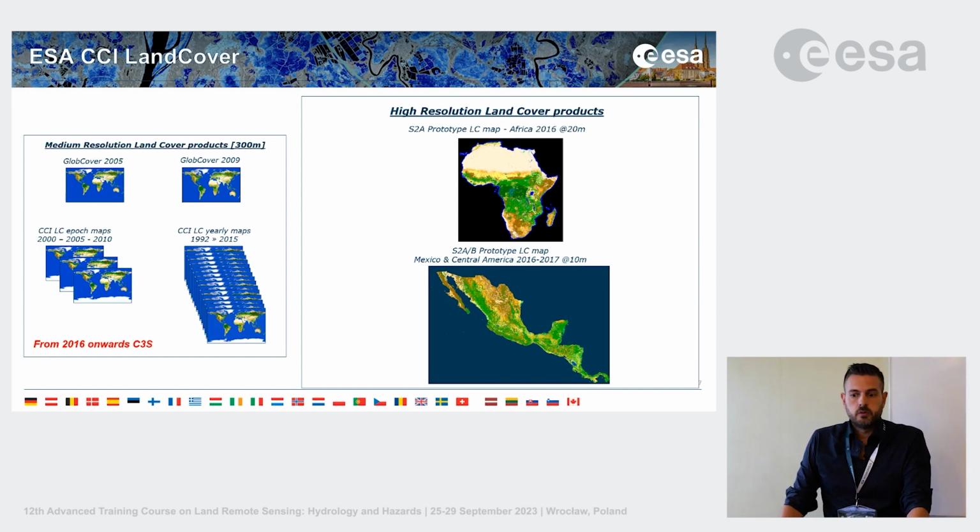The new product, released late 2022, if I'm not wrong, is WorldCover 2021. It's a world land cover map at 10-meter resolution, developed by VITO using the Sentinel-1 and Sentinel-2 constellations.